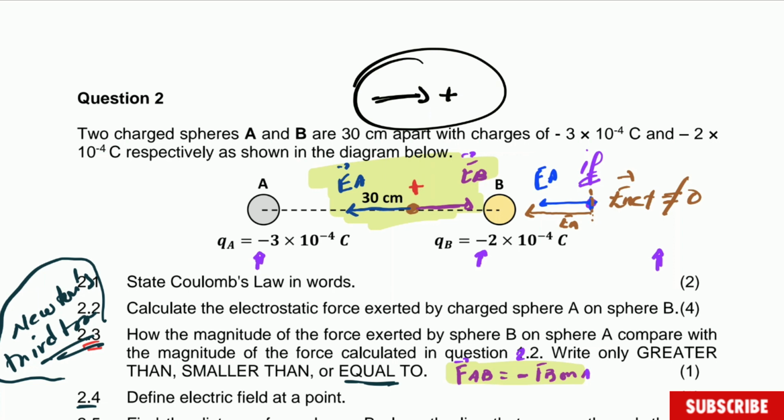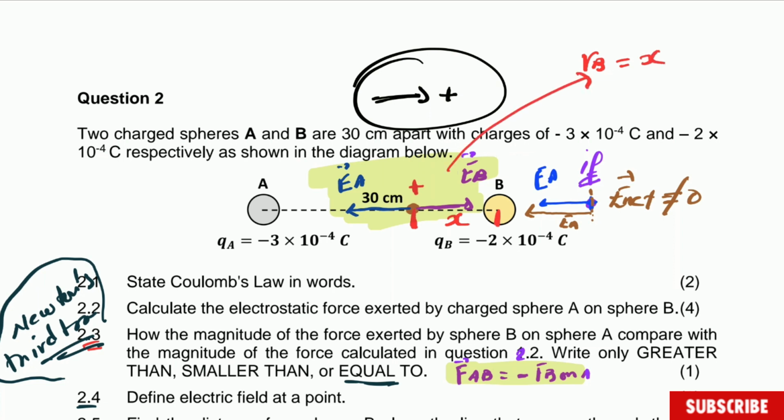But because of that, we are going to call the distance from B to the point X, because we don't know it. So X is going to be the distance B. Let's write RB is going to be equal to X, because we don't know it. It is pointing on that side.